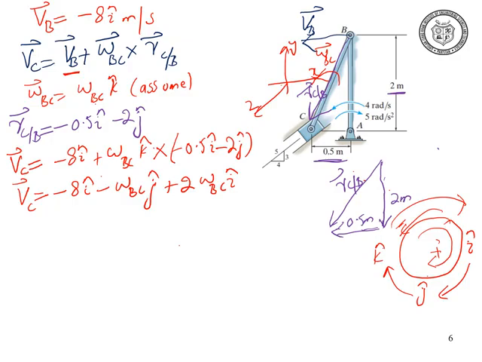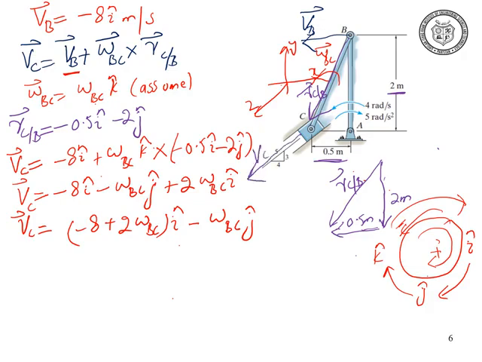So we can combine the i terms and j terms together. So Vc equals minus 8 plus 2 omega Bc i, minus omega Bc j.